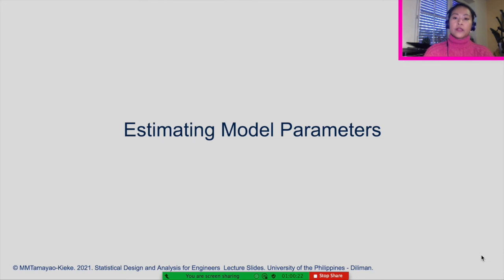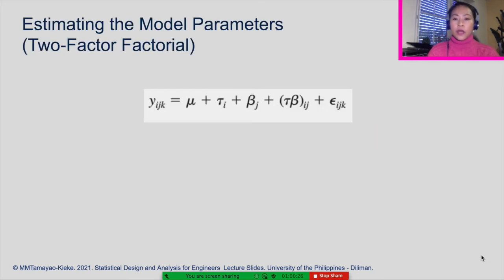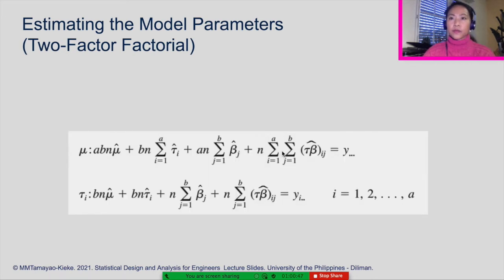Okay, so let us now move on to estimating model parameters. Recall that the effects model is expressed in this equation. The parameters in this model can be estimated using least squares. Now, since there are 1 plus a plus b plus ab parameters to be estimated, then there are 1 plus a plus b plus ab normal equations.